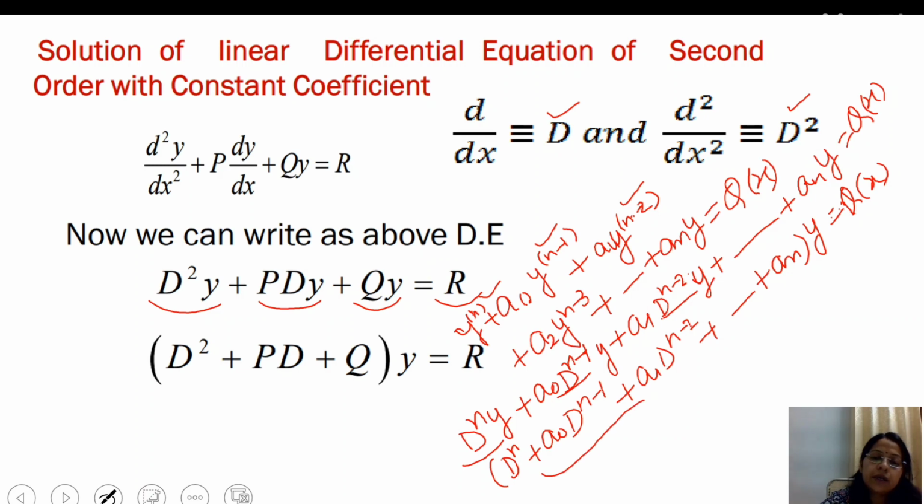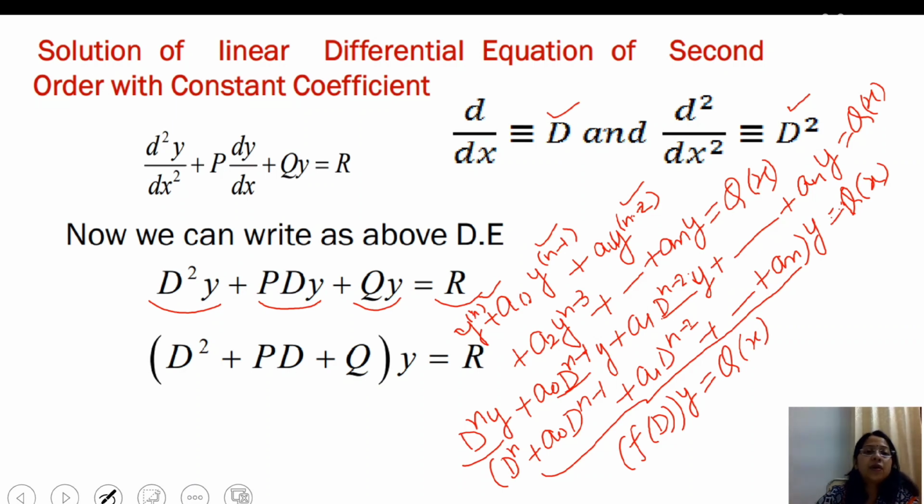This bracket, if I write as polynomial in D, then in short we can write this as f(D) y is equal to q(x). So this is the standard form of ordinary linear differential equations with constant coefficients.